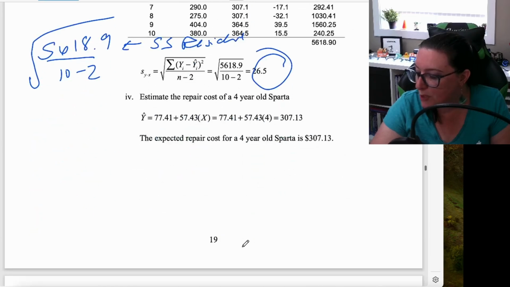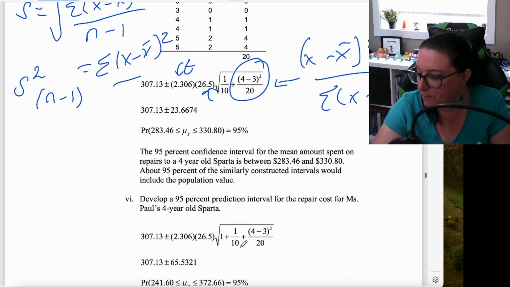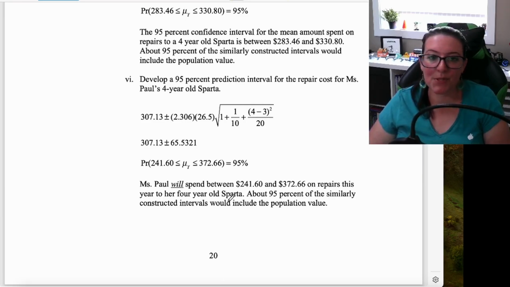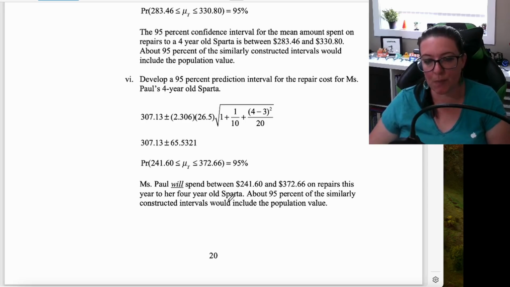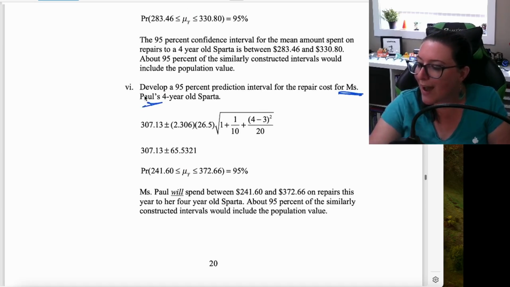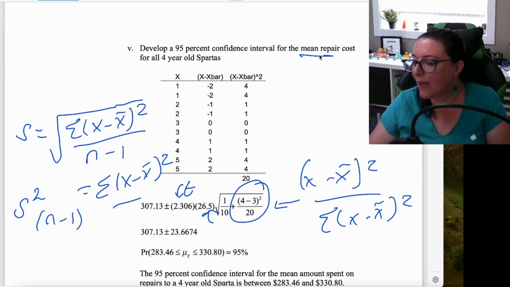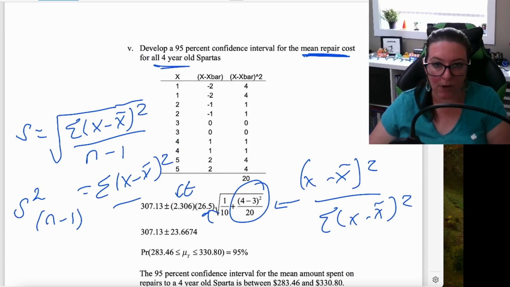What this gives you is that if we wanted a 95% prediction interval for the repair costs for Mrs. Paul's 4-year-old Sparta, here we're talking about a particular person, whereas in the previous one, we were looking at the average repair costs for all 4-year-old Spartas. So it was more general.